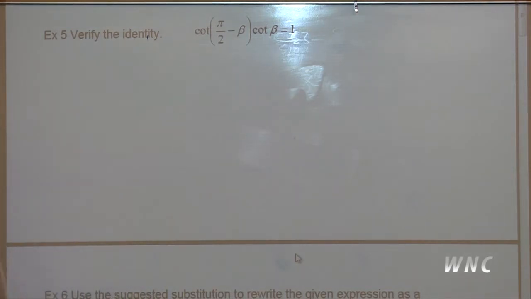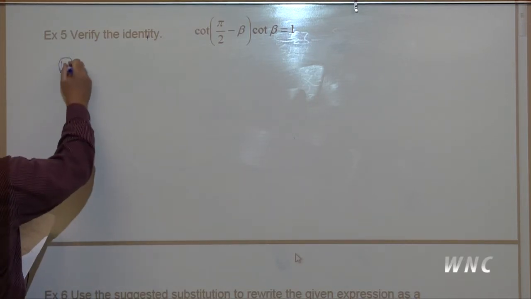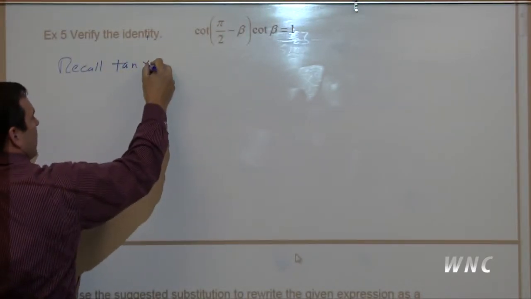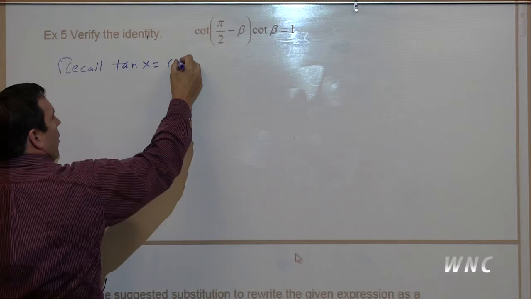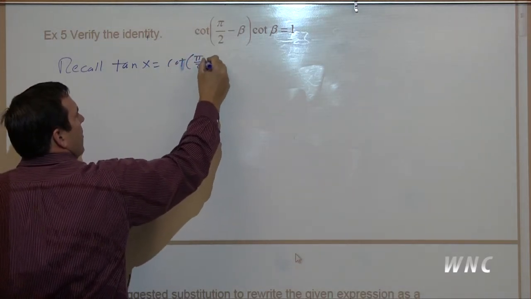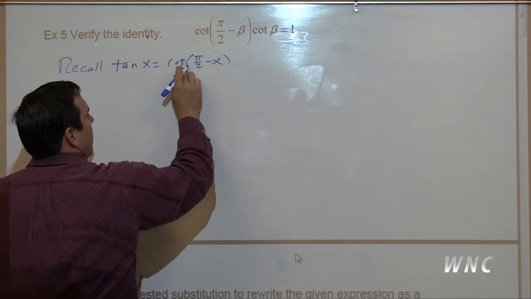Okay, verify the identity that cotangent of pi over 2 minus beta times cotangent of beta is 1. So the first thing to do is recall that tangent x was cotangent of pi over 2 minus x. We saw that.